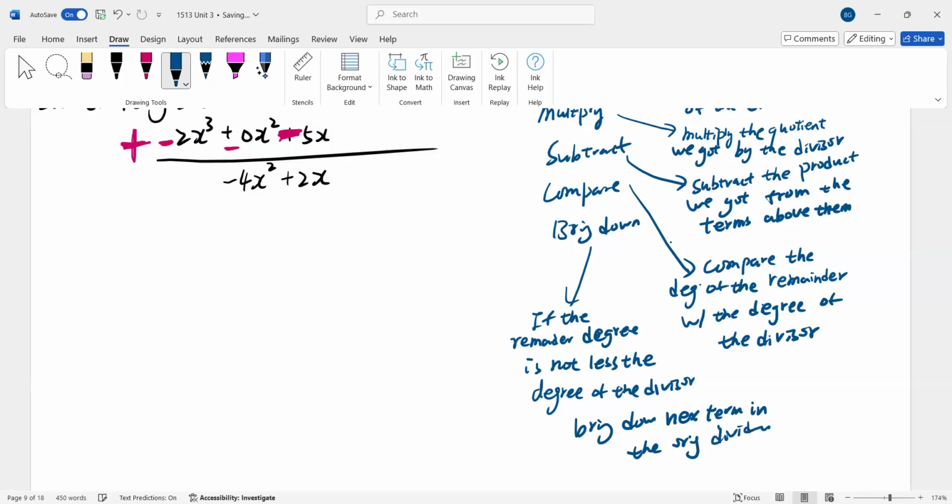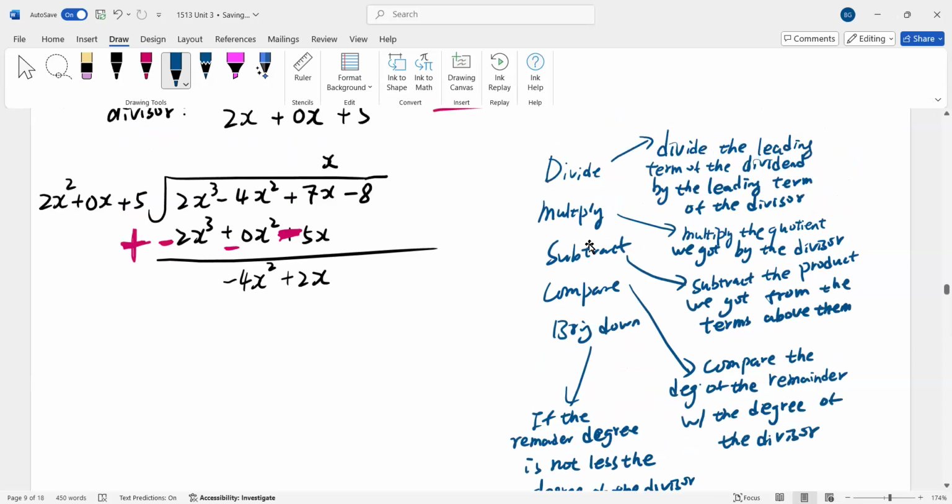All right, so the next term in the original dividend is -8, so bring it down. And now this guy is the new dividend. All right, we finished the first round.